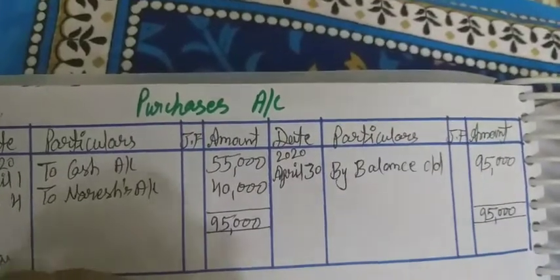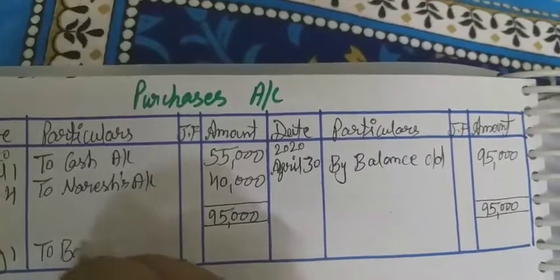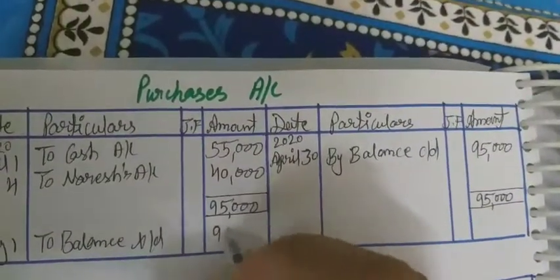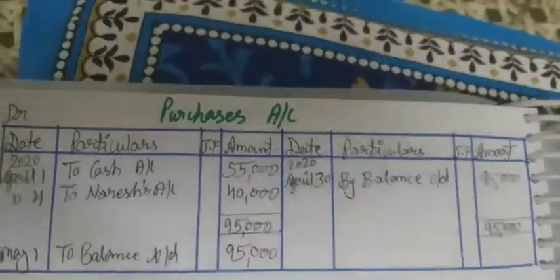May 1st, to balance BD 95,000. Okay, now the purchase account is also completed.